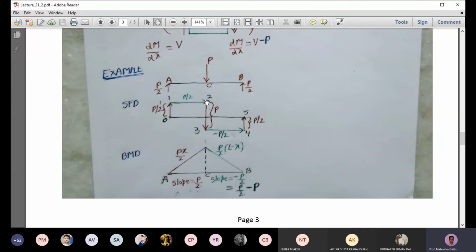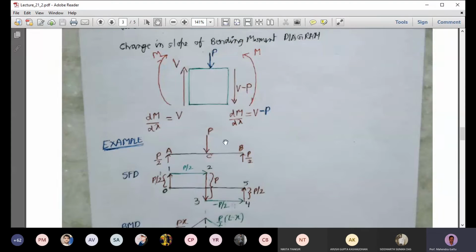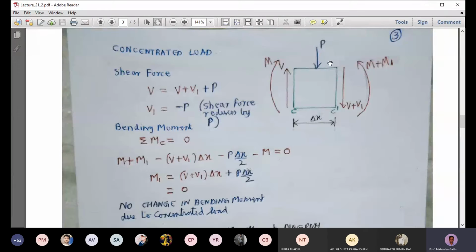Then once we reach point C, what is happening? We have a concentrated load acting in the downward direction. What is the relation we have at the concentrated load? Just to the left, the shear force is V, and just to the right, the shear force is V minus P. That means there is a reduction of P in the shear force.